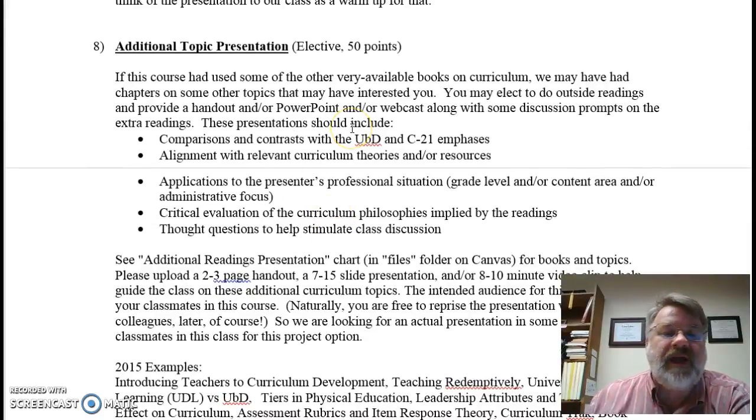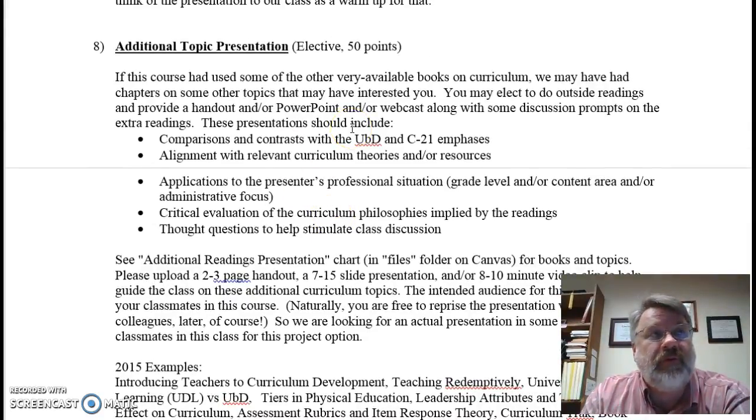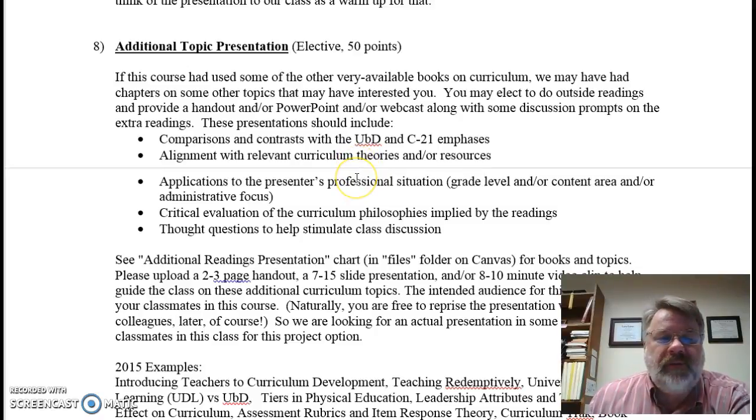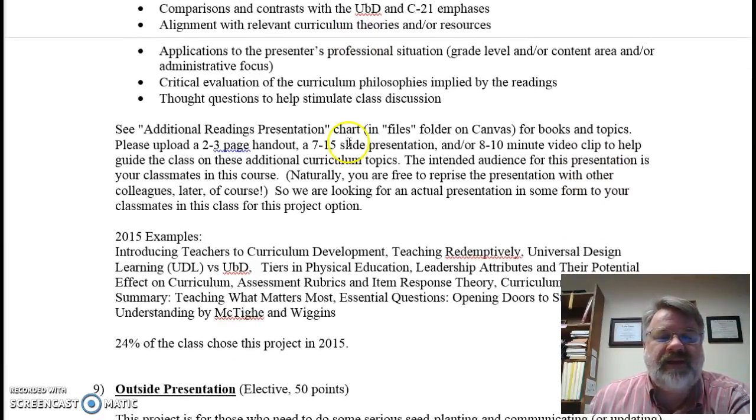If you were dying to, in your reading and thinking and talking, you were thinking, hey, I really ought to brush up seriously on thematic instruction, or I ought to really think about flipping the classroom in my science class, or something like that, here's your opportunity to delve into that, and it could be in tandem with a unit or a map that you do.